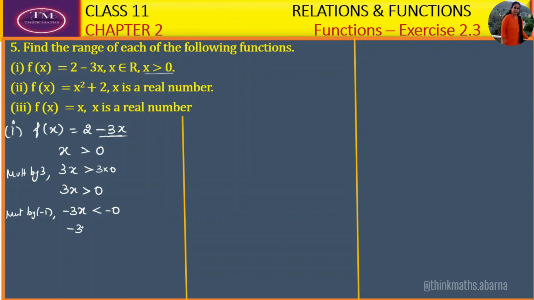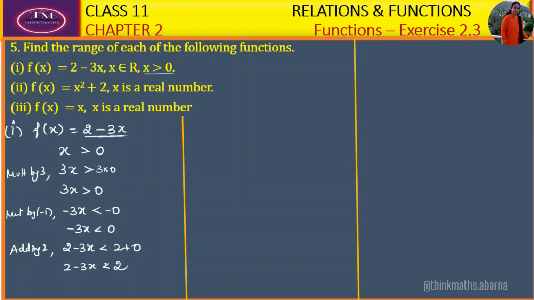That is minus 3x less than minus 0 is 0. Now complete. Add 2. Adding 2 on both sides. So it is 2 minus 3x less than 2 plus 0. This 2 minus 3x is less than 2.